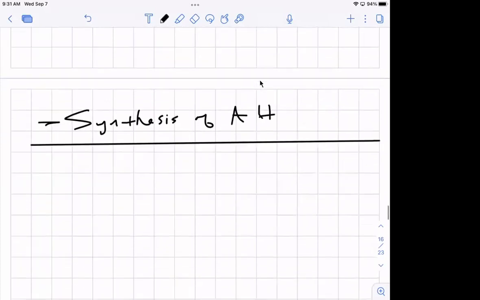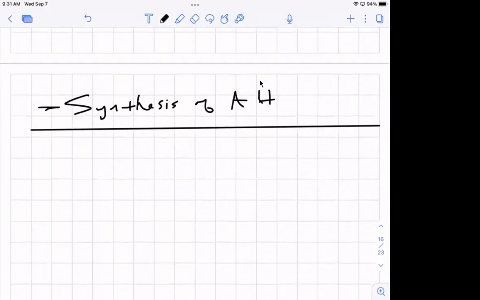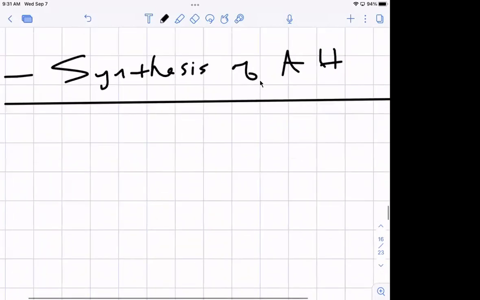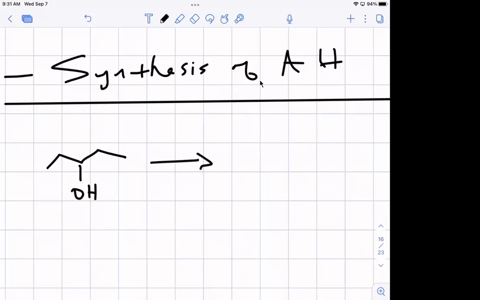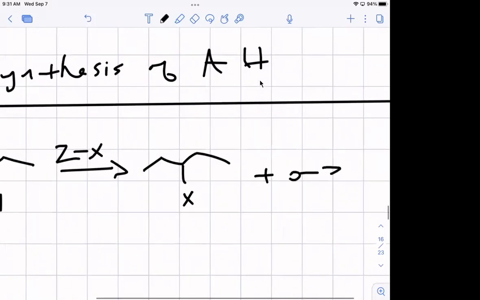All right, one of the simplest methods for synthesizing alkyl halides is to take an alcohol and then react it with some halogen source. So I'm going to say Z, X. And then in the product, we have R-X plus O, Z.